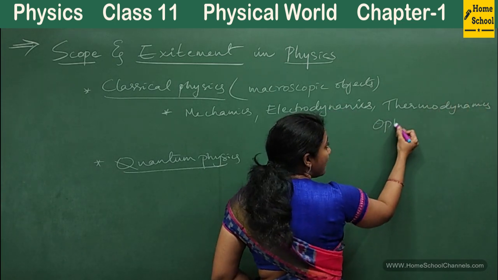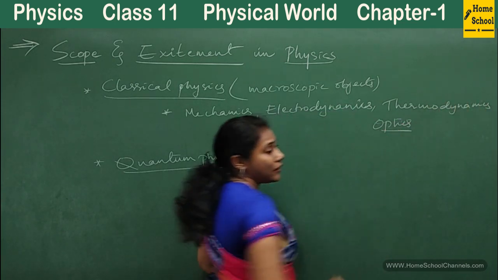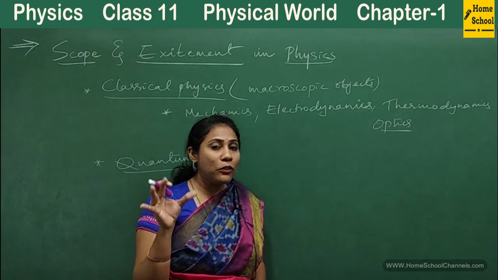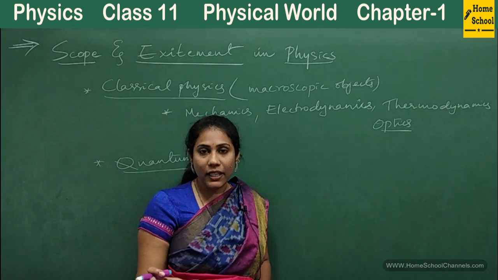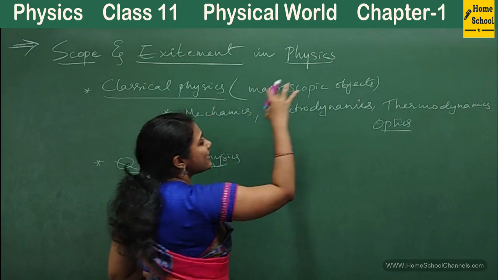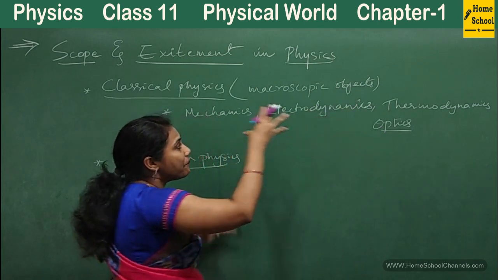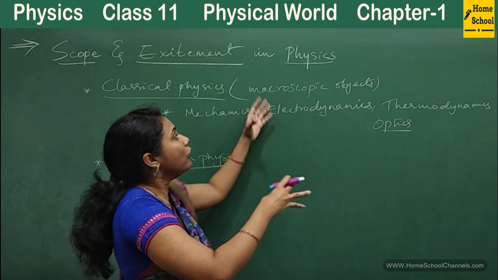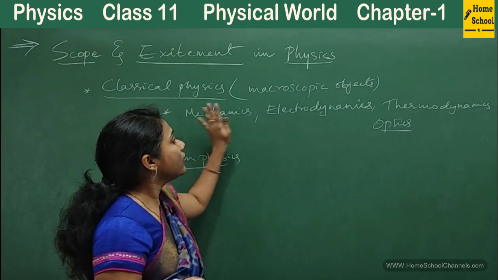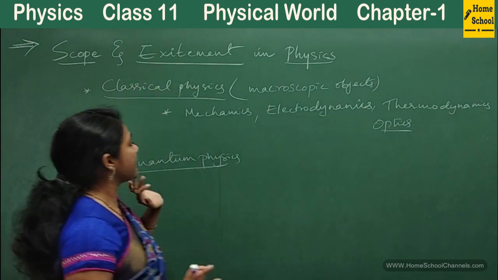You know something about optics, right? Reflection, refraction, lenses, mirrors, it's all about so-called optics. It comes under a branch called optics. So what do we study in these branches? We study some laws about macroscopic, big objects. Those aspects come under classical physics.